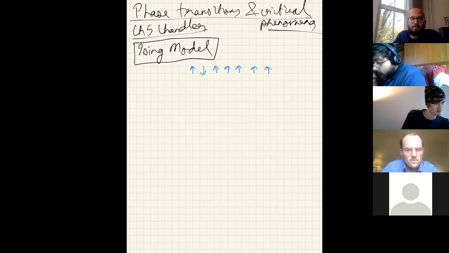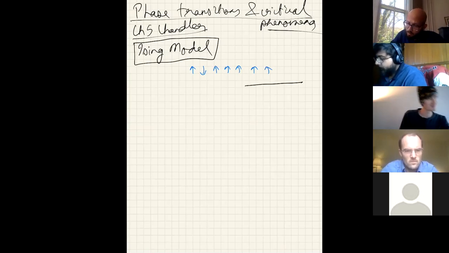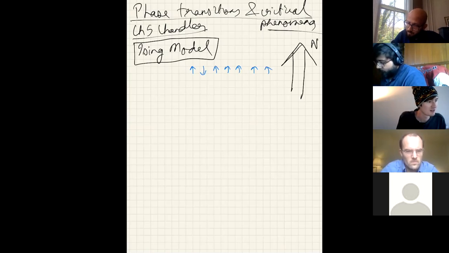Now let's say you bring a massive magnet in parallel, a mega magnet, which is aligned like this. This mega magnet faces this way. It's pointing up. Its north pole is pointing up. What would this mega magnet do to all these little magnets?